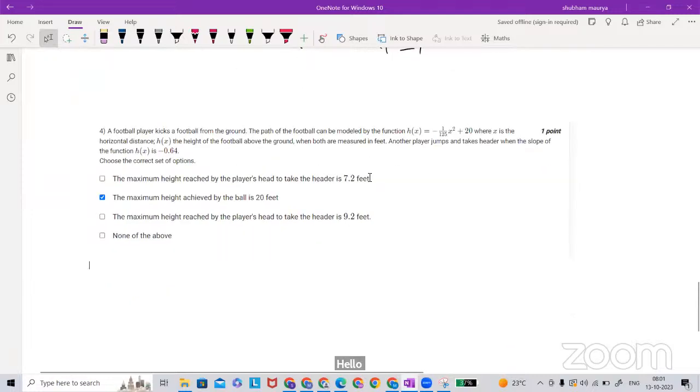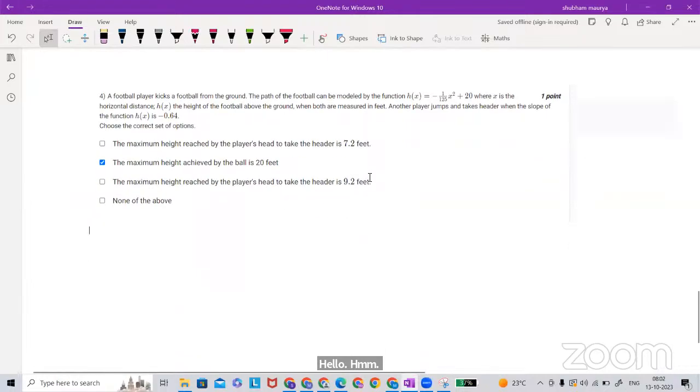So a football player kicks a football from the ground.